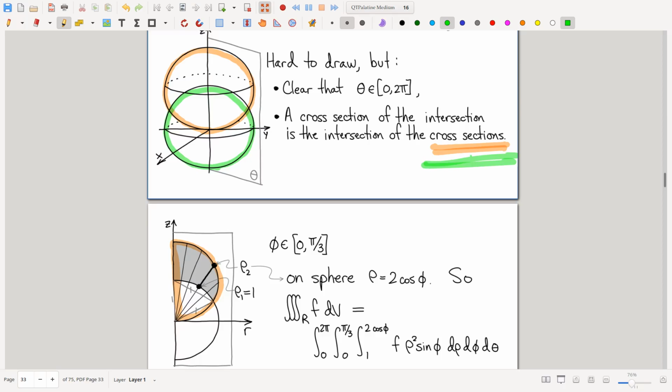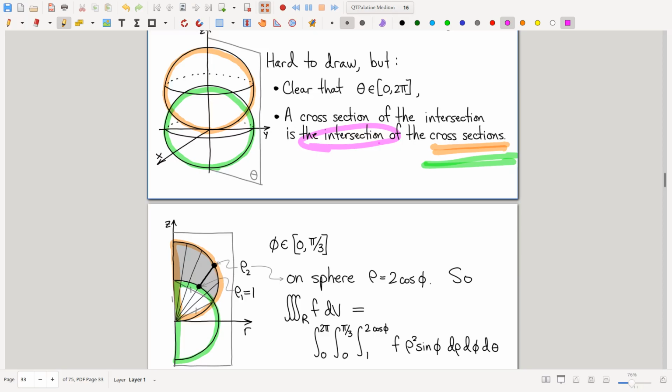It's nothing more than a ball, and the theta slices of it are, again, half a disc, like this. And what I am interested in is the intersection of those individual cross sections.